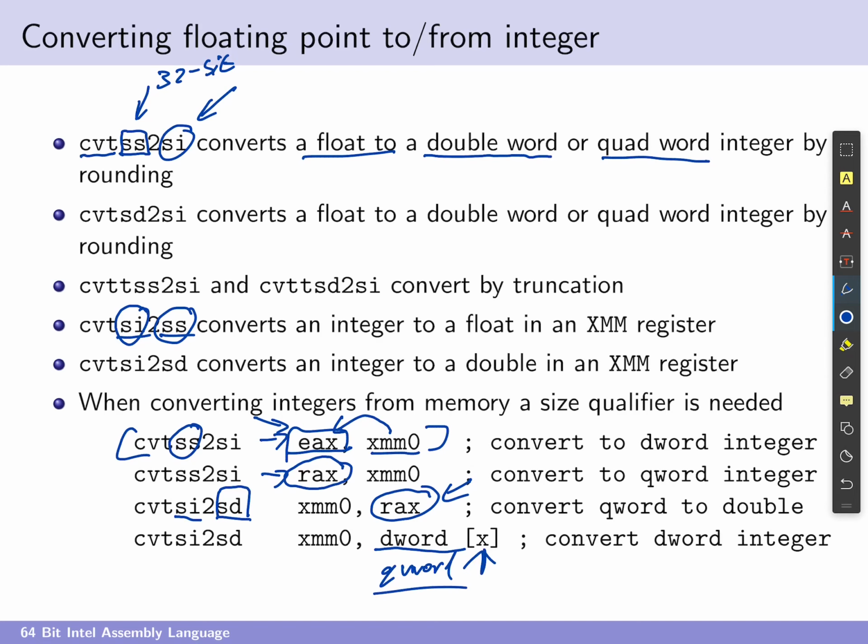Okay. You'll often see, if you do any kind of numerical calculation, that you're likely to, for example, have a loop variable that's an integer, and that loop variable could be used in a calculation against a floating point number. So you will actually encounter this conversion more frequently than you would in, say, C++. The simple reason is that we have to be very explicit about our data type conversions in assembler.